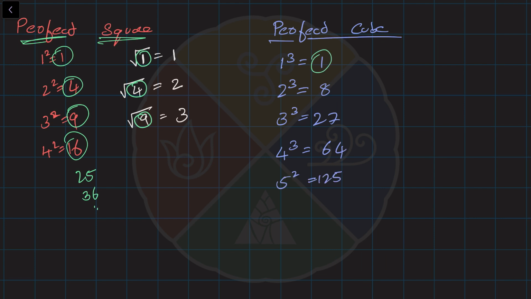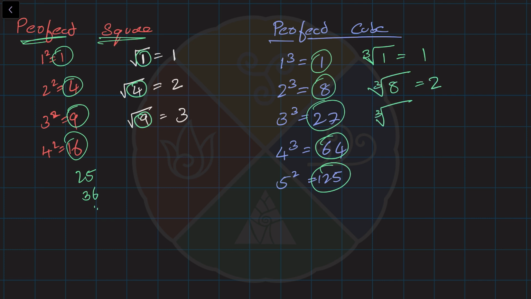These numbers are known as perfect cubes, the cubes of the natural numbers. Or inversely, I can also say that if you take the cube root of a perfect cube, you are going to get a natural number. So this is the basic definition of a perfect square and a perfect cube.